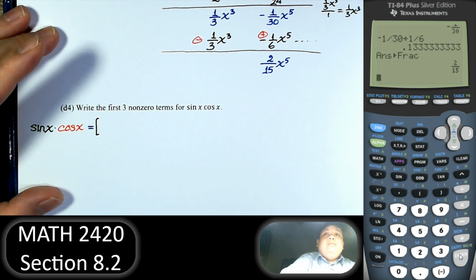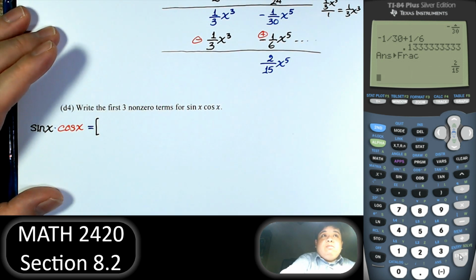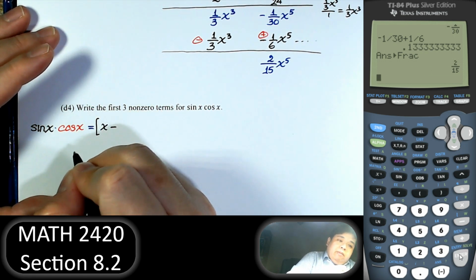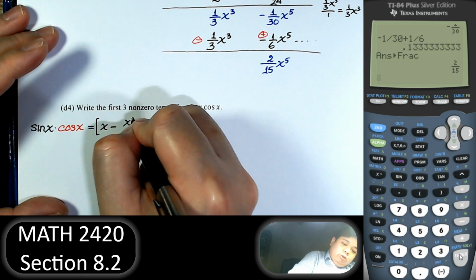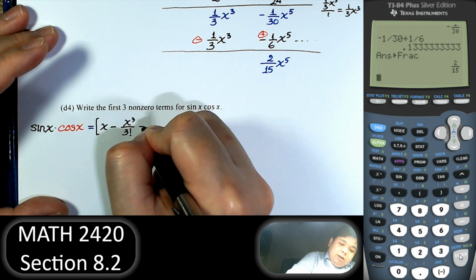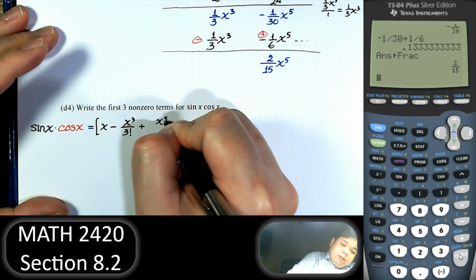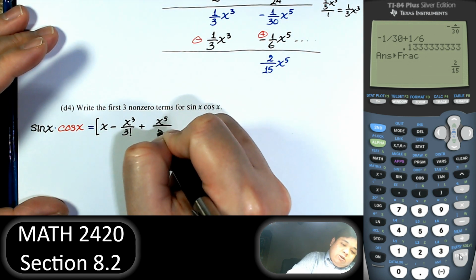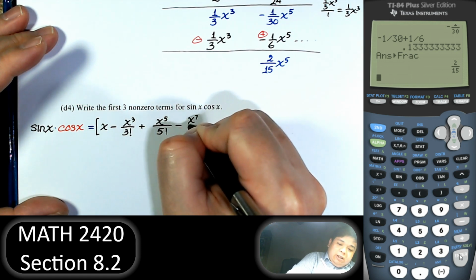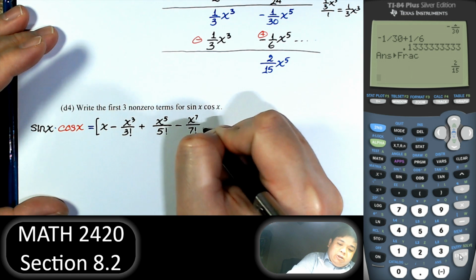Right, sine is an odd function, therefore an odd series. x minus x cubed over 3 factorial plus x to the 5th over 5 factorial minus x to the 7th over 7 factorial.